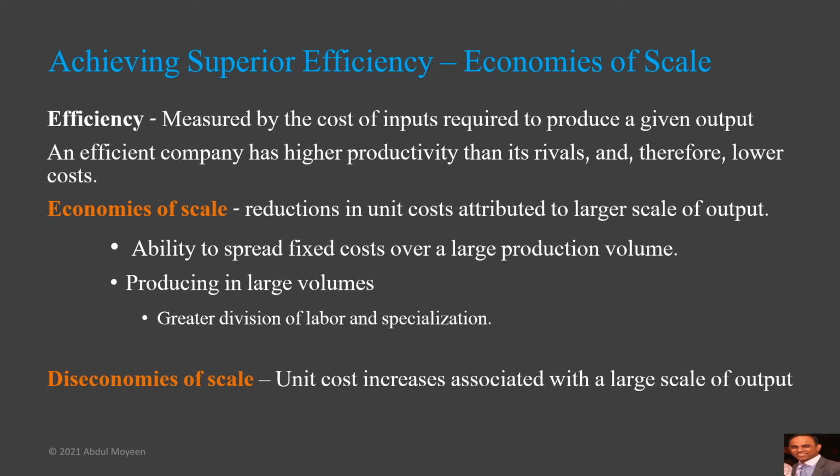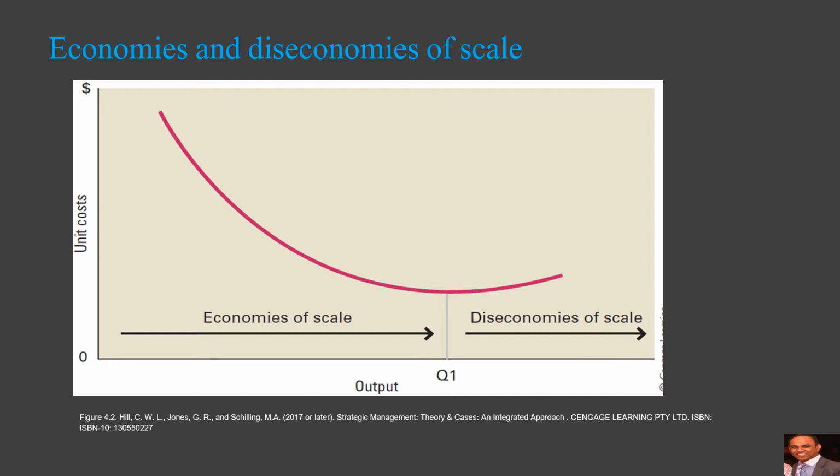So that is how we can see in this diagram that at point Q1 is the minimum cost point. After this point, the average cost curve starts increasing.